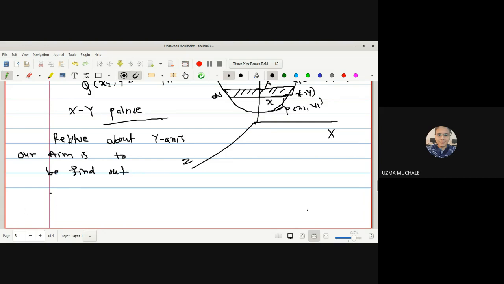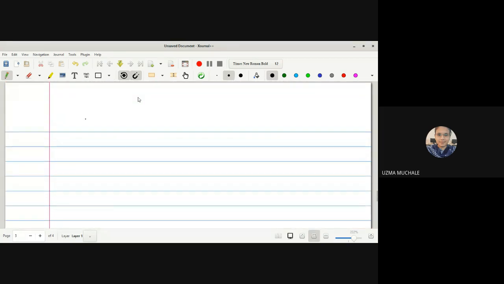We have to find out the minimum surface of revolution. That is the heading I have. Minimum surface of revolution.